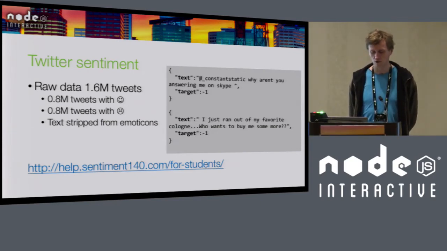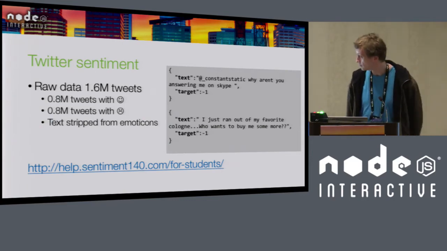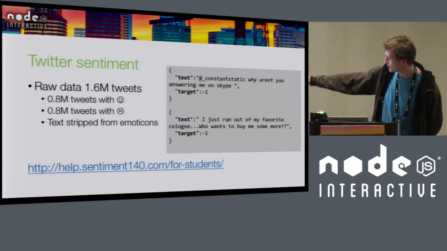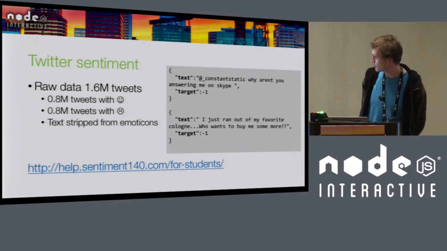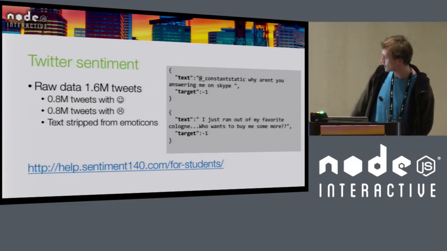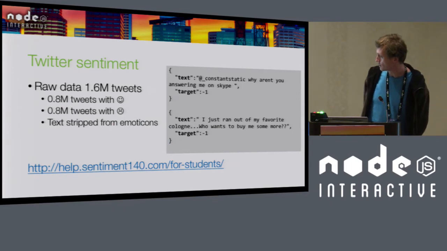So just looking for tweets with a smiley face or tweets with a frowny face. So here we have 2 examples of negative sentiment tweets. One is, "Why aren't you answering me on Skype?" And the other one is some guy who ran out of cologne.